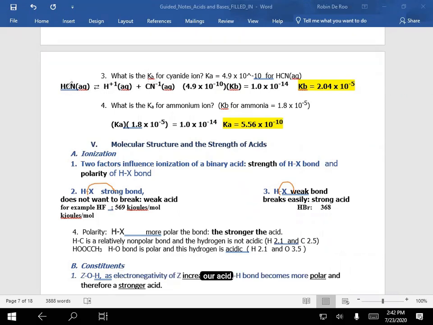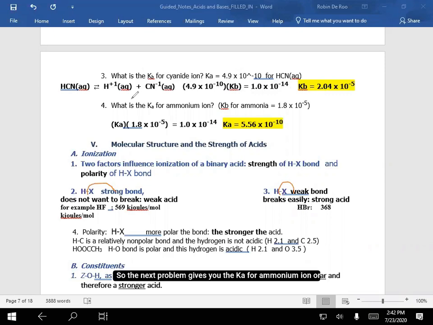So this is our acid, and this is the conjugate base. So we were given the Ka for the weak acid, and we need to solve for the Kb for the conjugate base. So we use our formula, Ka times Kb equals Kw, and then we can solve for the Kb.